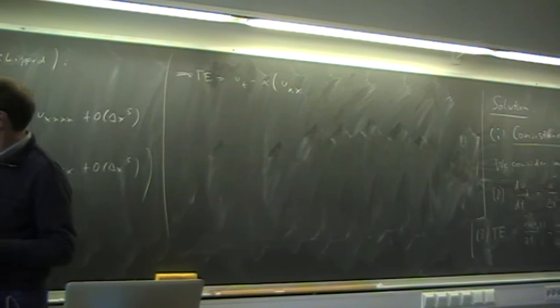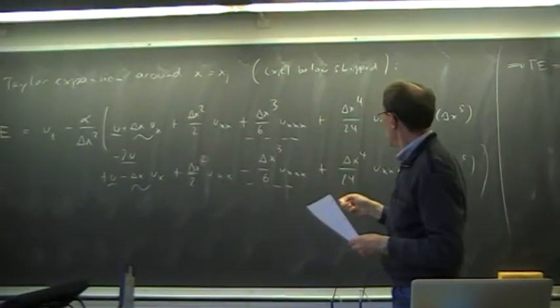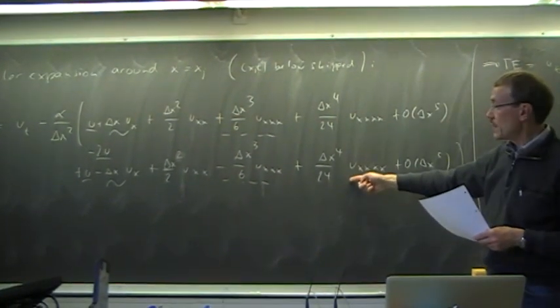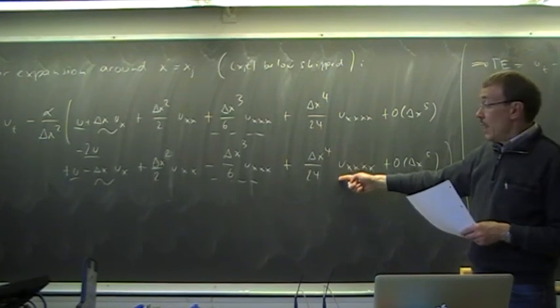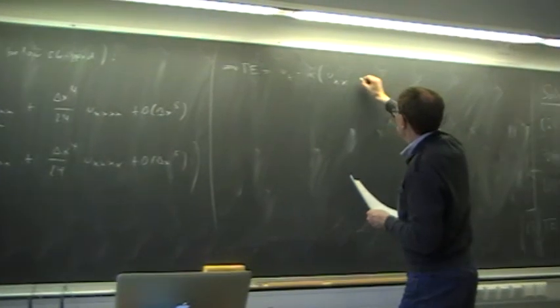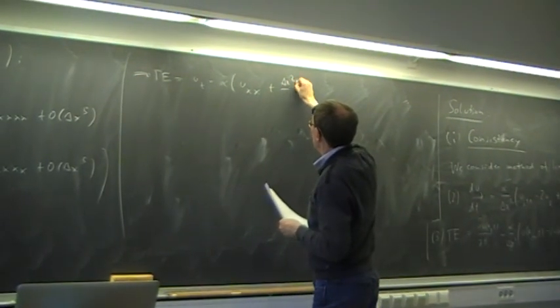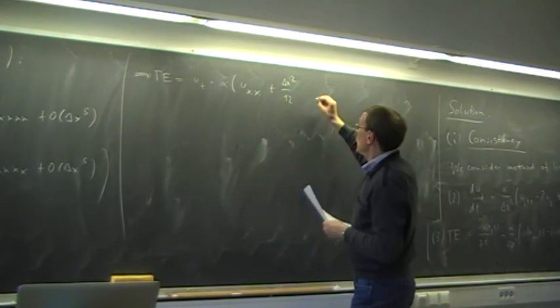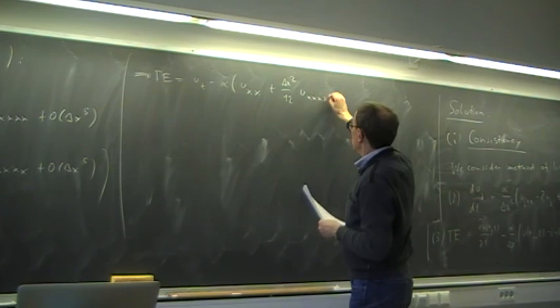The delta x to the power 4 term appears twice, and the delta x squared cancels, so we get delta x squared over 12 times the fourth derivative.